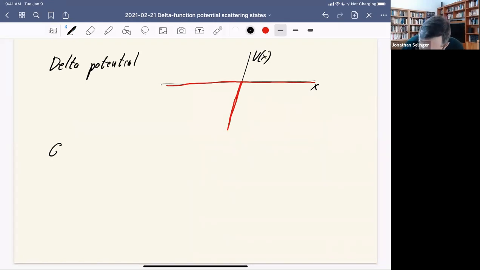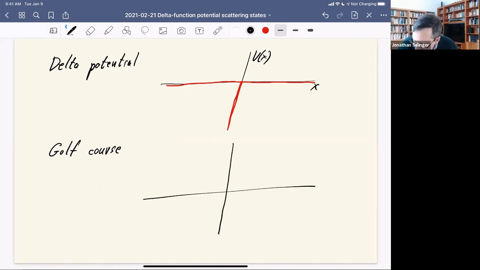By comparison, what I call the golf course potential is one where V of x has this shape where it has some finite width and a finite depth.